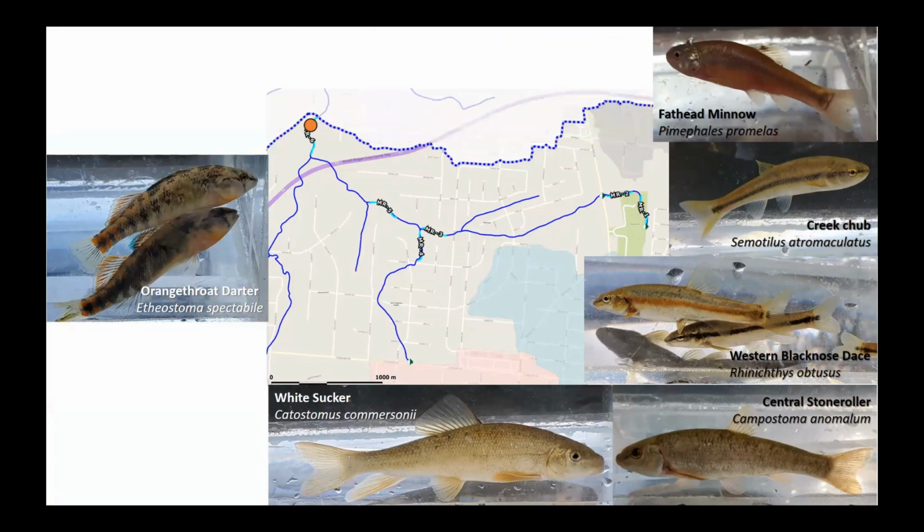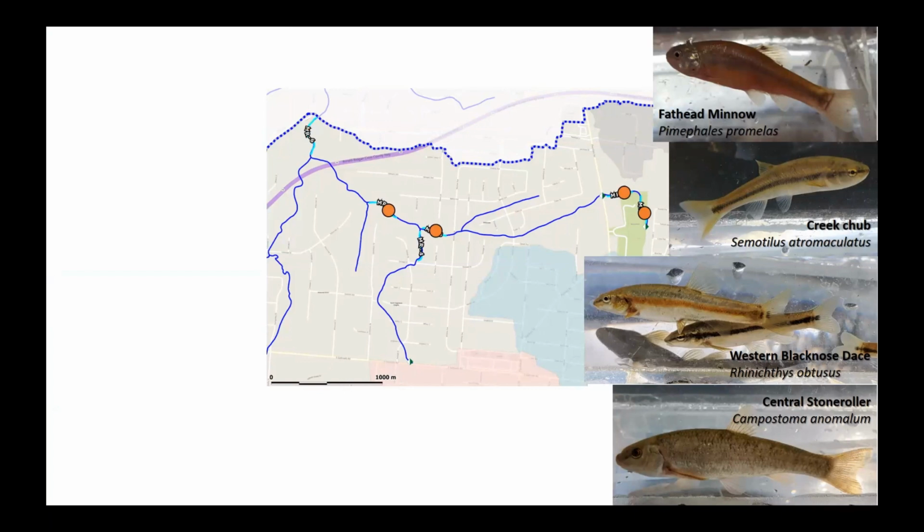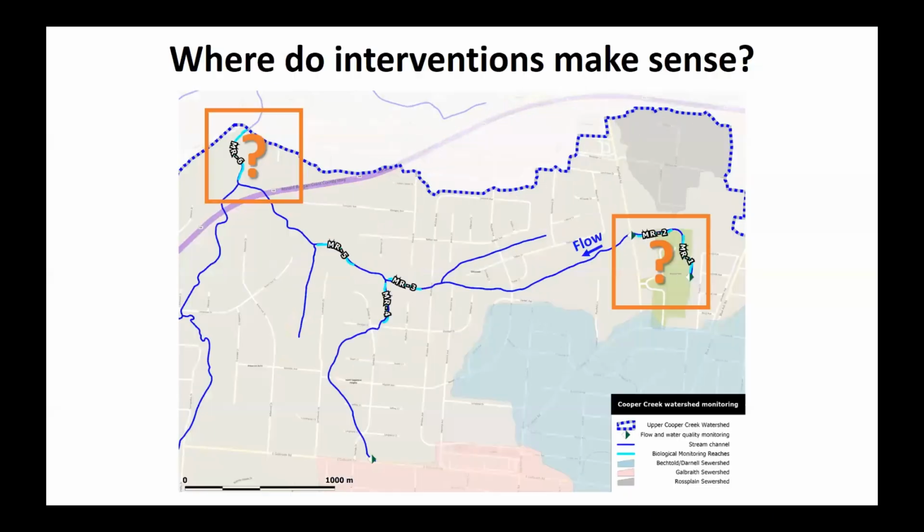Just upstream of this road crossing, we already see our sunfishes drop out, and most of the darters also drop out. Go upstream a mile or less, and we basically now just have a very tolerant fish community made up entirely of minnows. So one question is, where do interventions make the most sense?